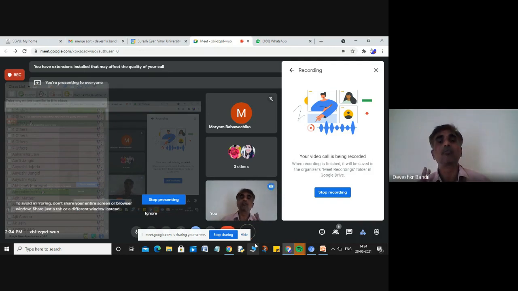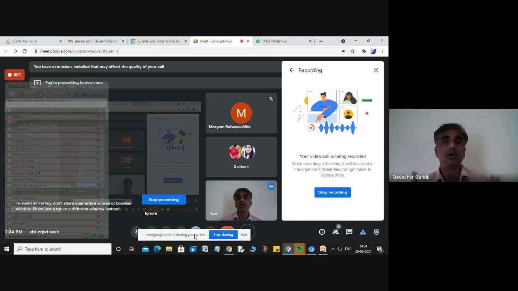Like a module, a particular task. If you want to complete the module, first of all the module will be divided into sub modules, and the sub modules will be given to independent persons.